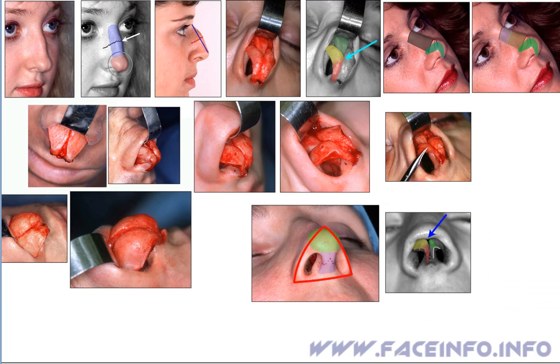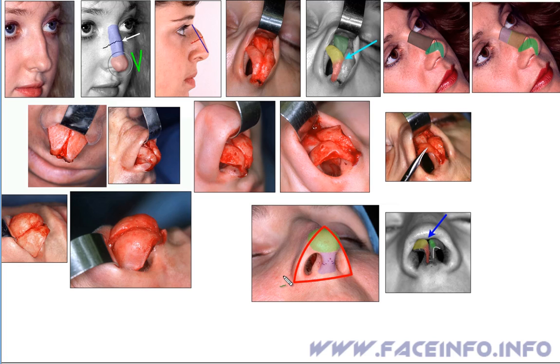And if this distance is always seen, even if not pressed, the nose tip is called split, like this girl's nose.